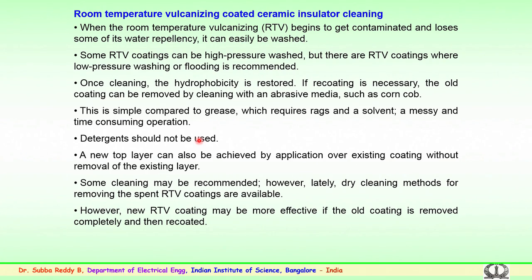If recoating is necessary, the old coating can be removed by cleaning with an abrasive media such as corn cob. This is simple compared to grease removal on contaminated insulators, which requires rags and a solvent. That is a messy and time consuming operation in the case of greased insulators.